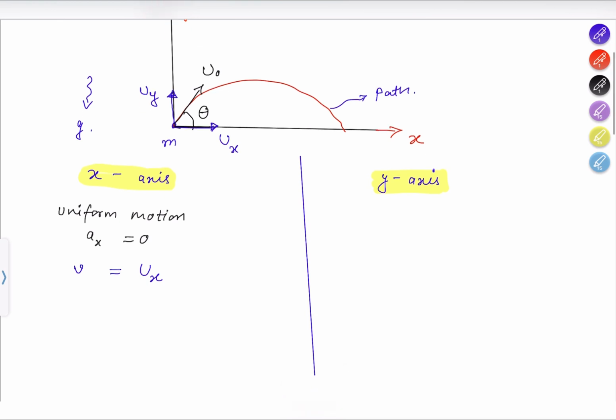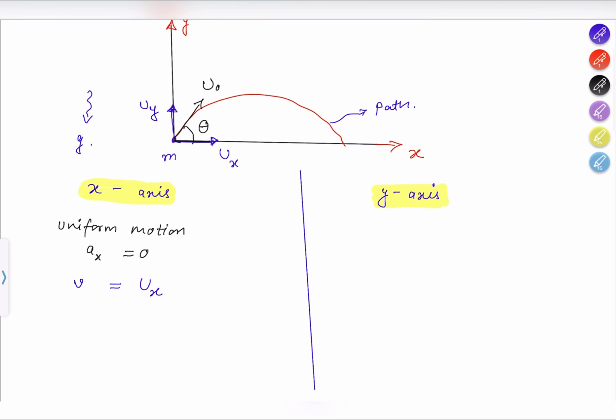Now the y-axis motion is under gravity. In this case, the initial velocity uy will be u0 sine theta, and ux will be u0 cos theta.